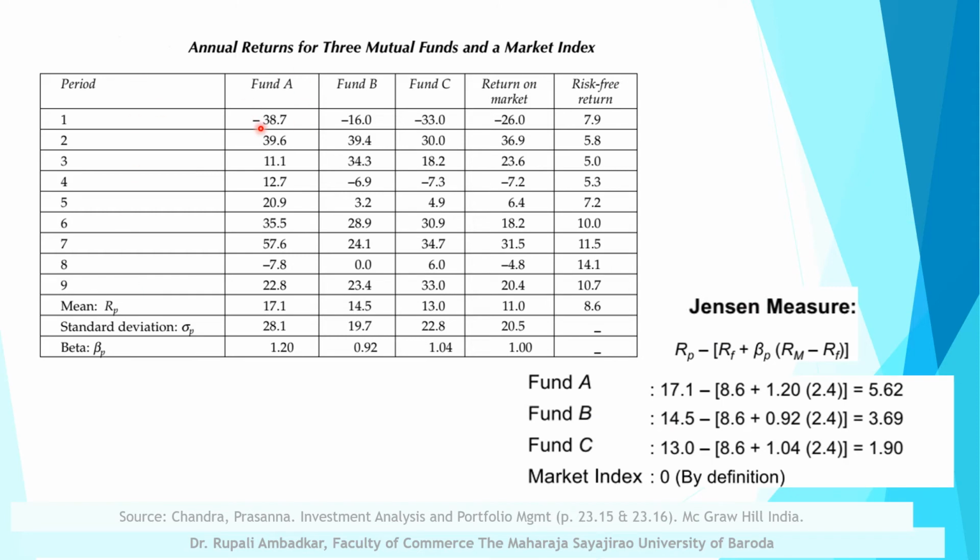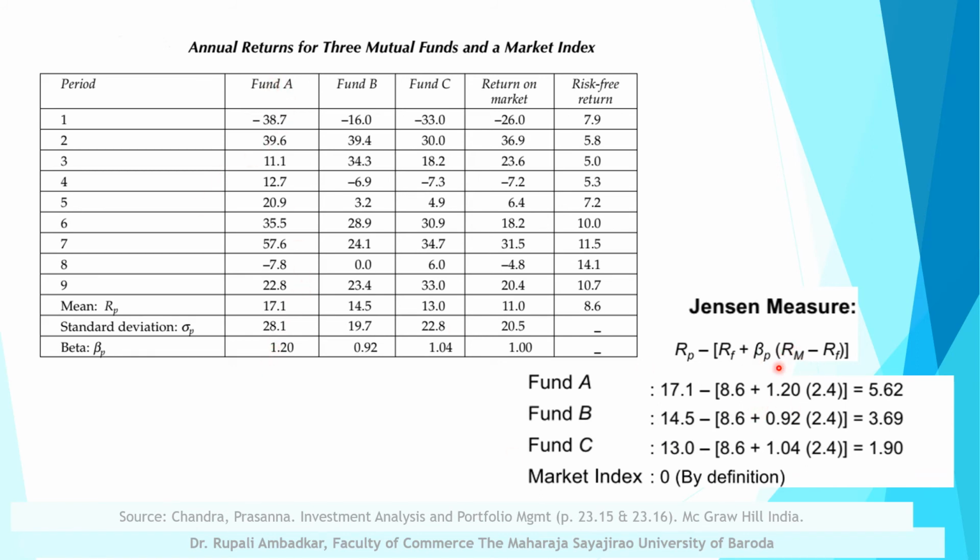Let us look at Fund A. We need to know the average return on Fund A, which is 17.1. Now we need to calculate the return expected as per the CAPM model. So the average risk-free rate is 8.6 here. The beta of the portfolio, Fund A, is 1.2.